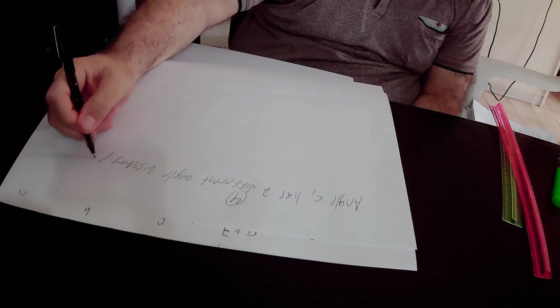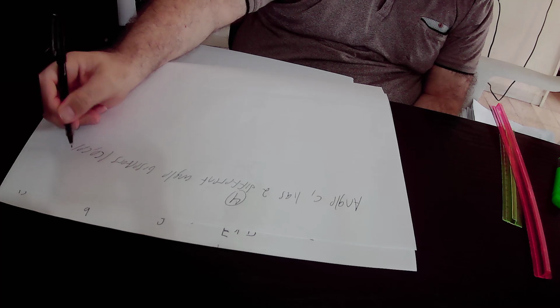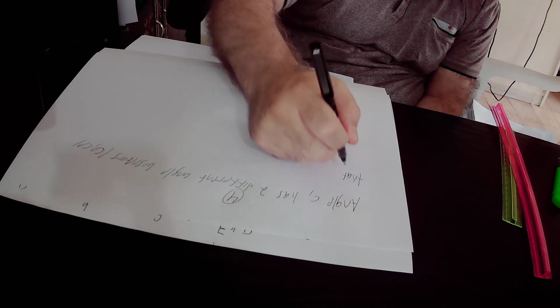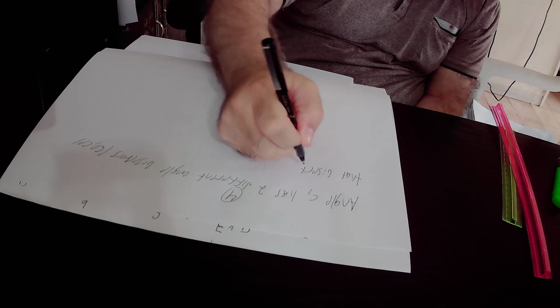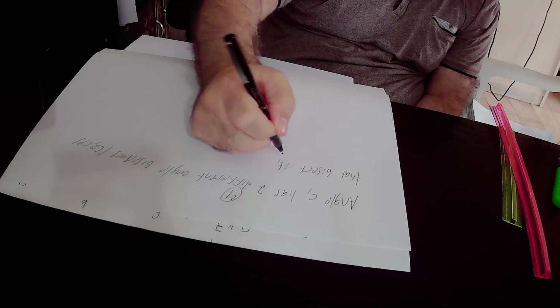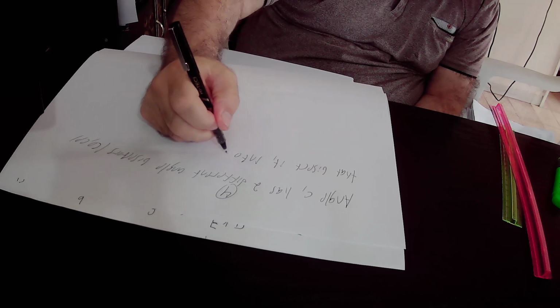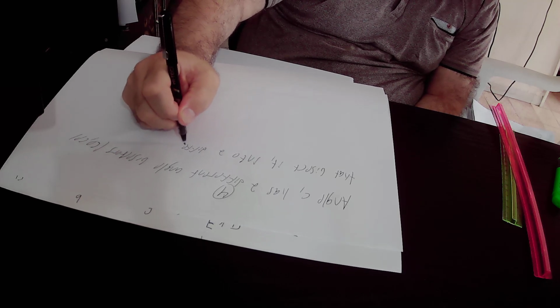That is to say, CO and CP, that bisect it into two different halves.